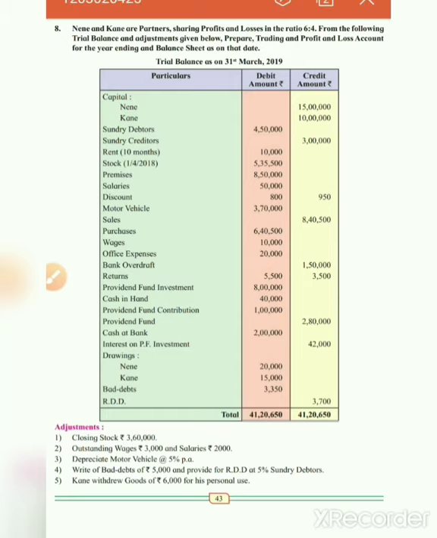So provident fund is a liability for the firm as it is payable to employees, and provident fund contribution, it's the expenditure for the firm as the firm contributes a particular amount of money for the welfare of its employees, that is called PF contribution.